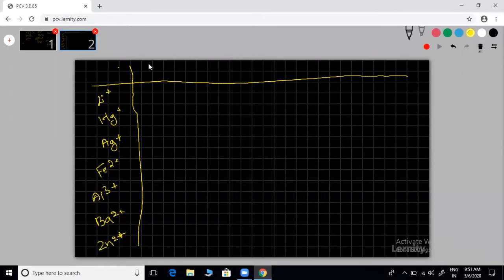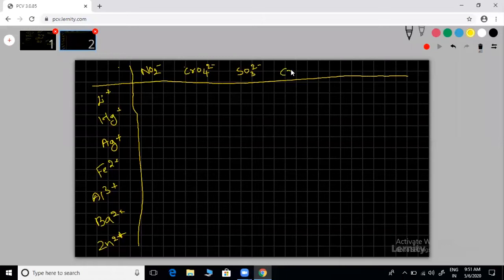Now here the corresponding anions, right? NO2 minus. I am not giving the names, you have to write the names. Then CrO4 2 minus. If you don't know, you can note it down: this is chromate. Then SO3 2 minus, you know already.